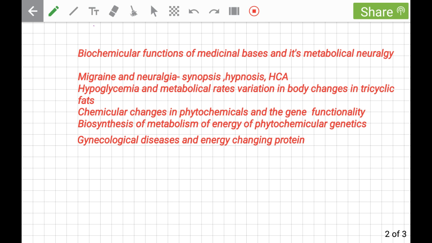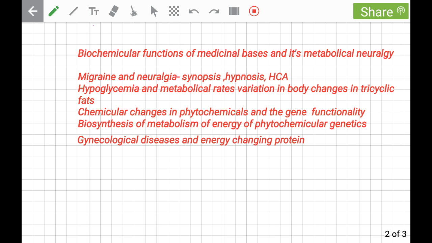So it is caused because of the disorders of primary components, the stress in our body, the adrenaline rates, the metabolical rates. Variation from high rates to low rates is mainly responsible for it.